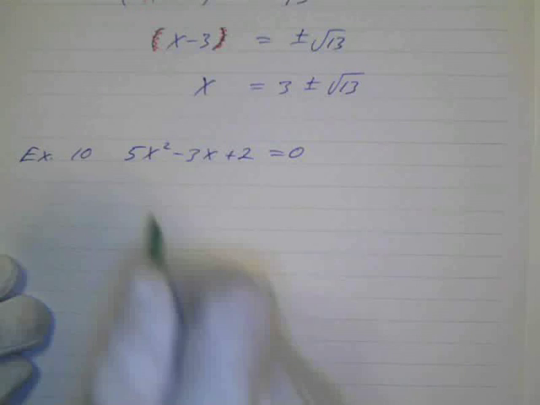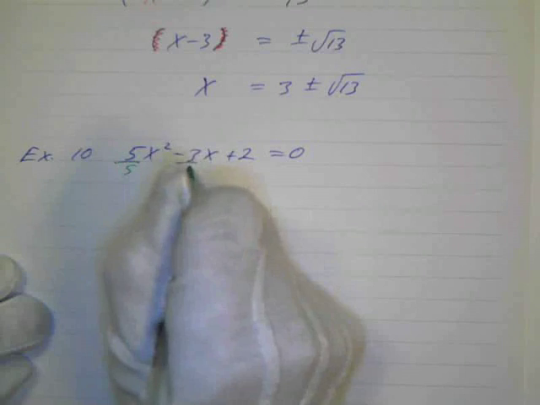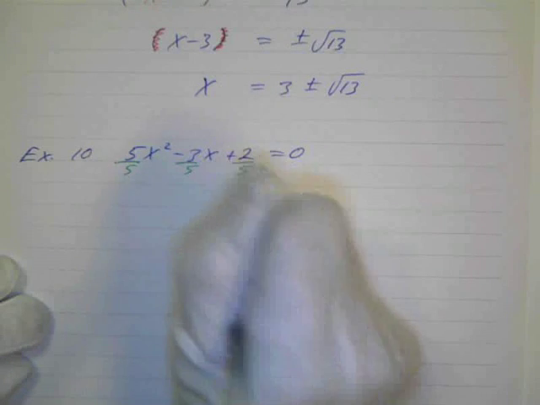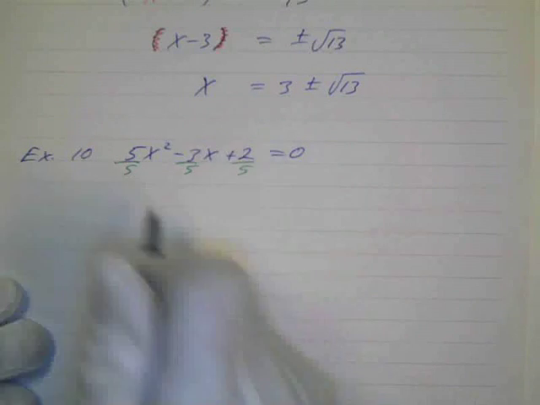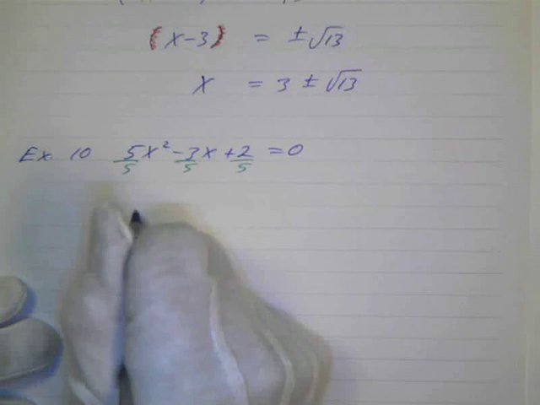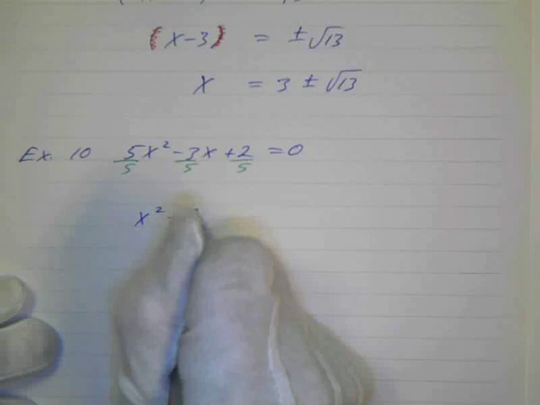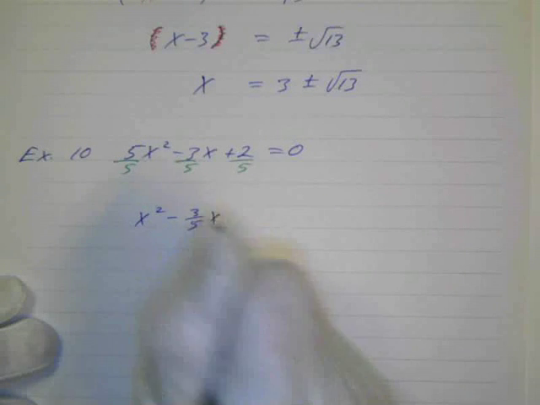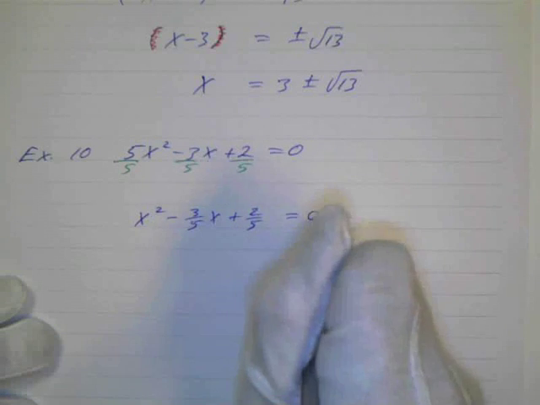So we divide every term by 5. So I'm going to show it this time. Divide by 5, because I have to have 1 in front of the x squared. I just can't do it with something in front of there. So once I do that, I've got x squared minus 3/5 x plus 2 over 5, and that equals 0.